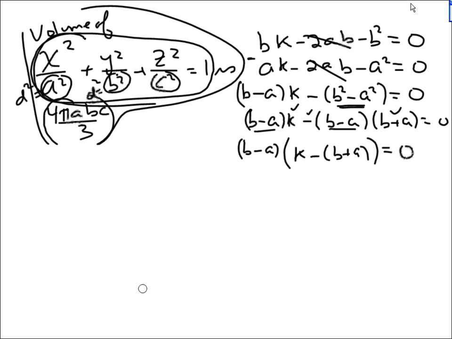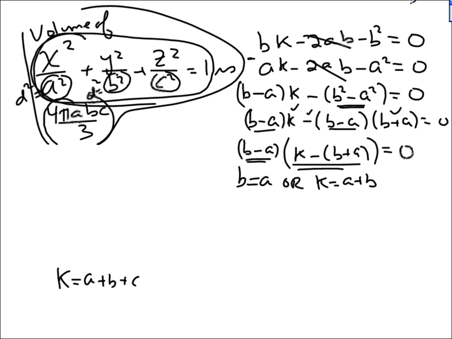So if this last product is 0, that either means that this is 0, which means b is a, or this is 0. That is k is equal to a plus b. But that can't be, because we said that k was equal to a plus b plus c.